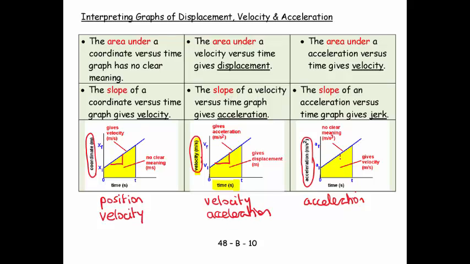And for this third graph, the slope would be meters per second squared divided by seconds, which is meters per second cubed. And up here I say no clear meaning, and that's because I had my physics hat on. It actually is the rate of change of acceleration.